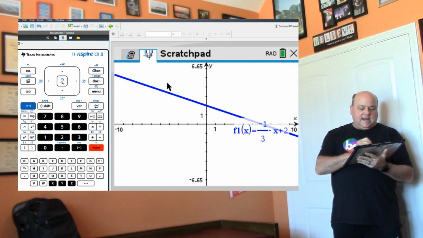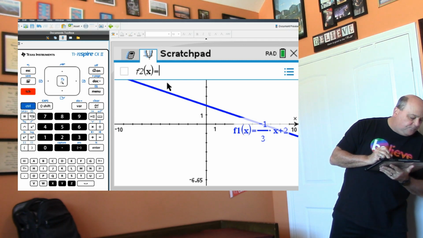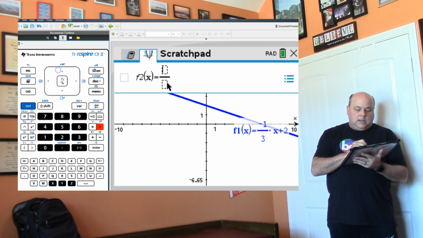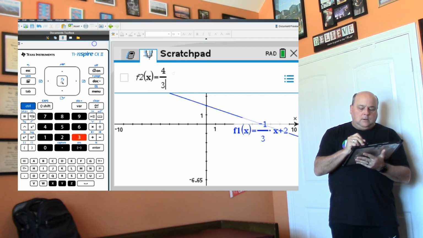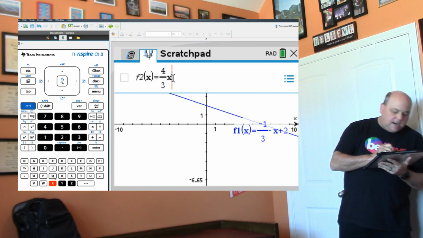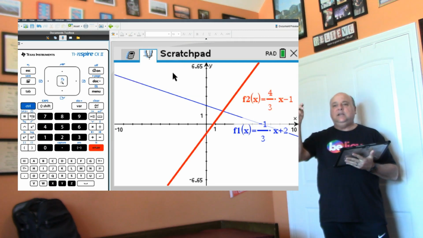Now then, I'm going to hit tab, and we're going to graph the next line, which is 4/3x minus 1. So control divide. I need 4, and then I need a 3, and then x minus 1. Hit enter. Now then, I need the intersection point.